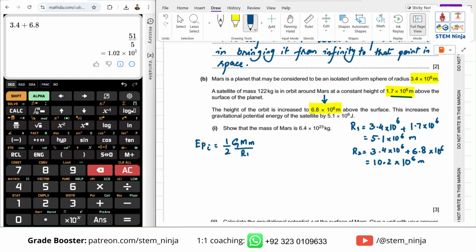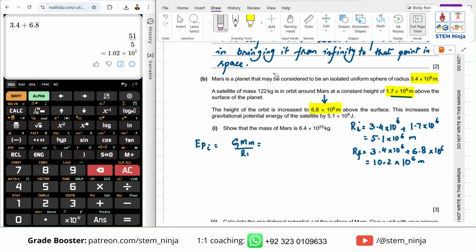So you could also do this as initial and final, basically. So when we include this, sorry, my bad, we don't need the half over here, right? That for potential we don't need that. For kinetic we need that.